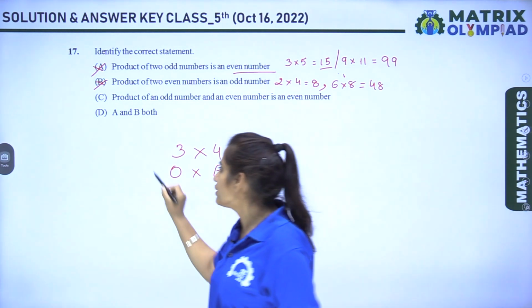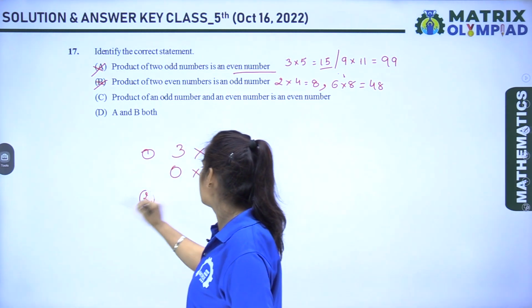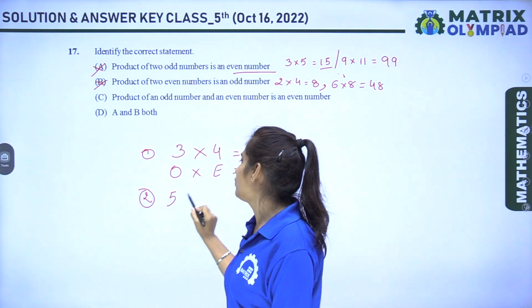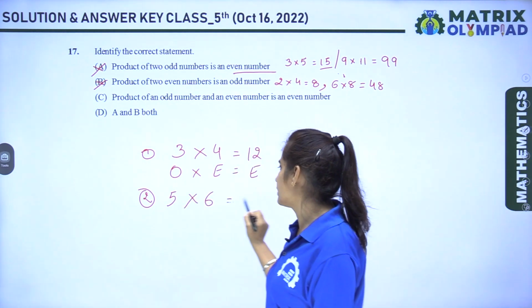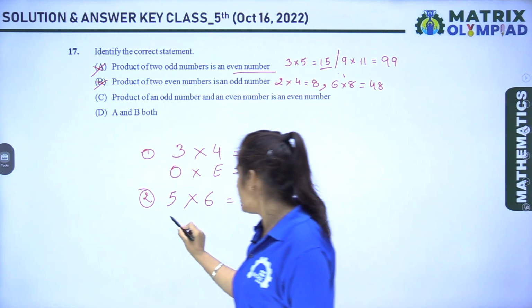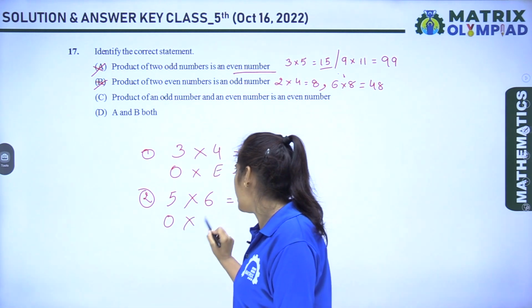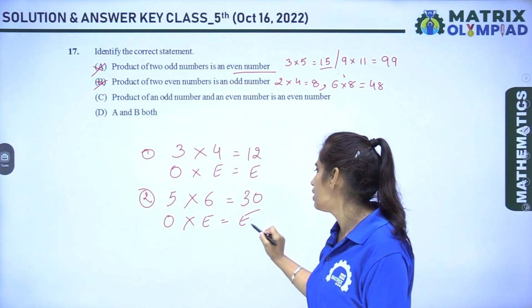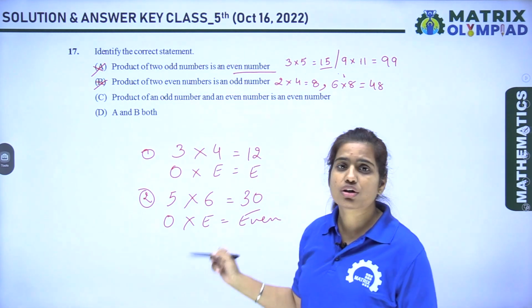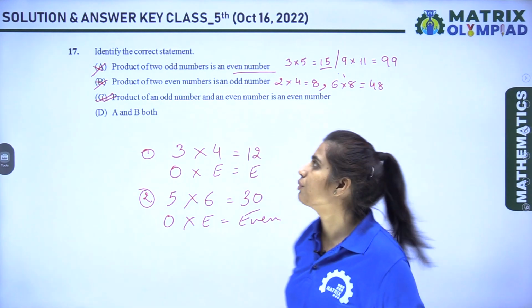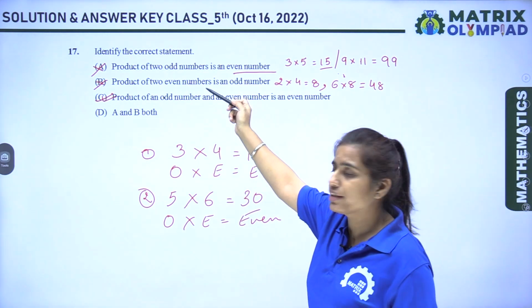Let's take one more example to confirm it. The second example will be 5 and 6, which gives 30. So we can see again that the product of odd and even gives us an even number. So according to the options, option C is the correct one, because we have to find the correct statement.